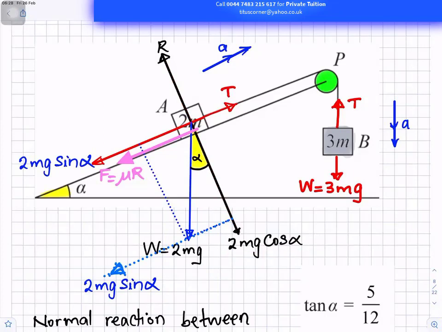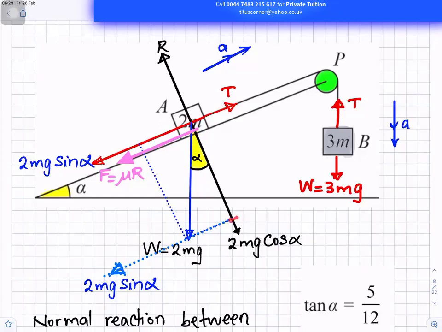You use cosine is adjacent over hypotenuse. But it's not theta, it's alpha. So cos alpha is adjacent over hypotenuse. So this one is 2 mg cos alpha because the hypotenuse is 2 mg.